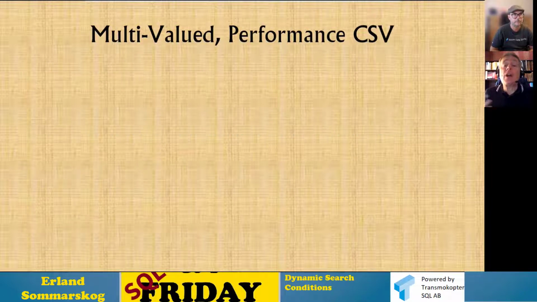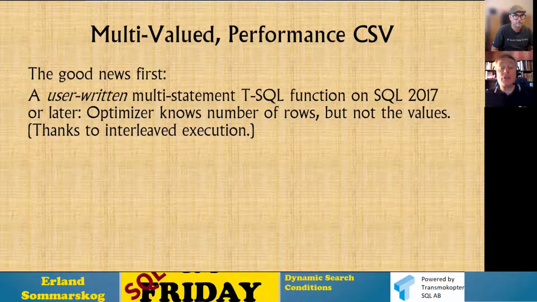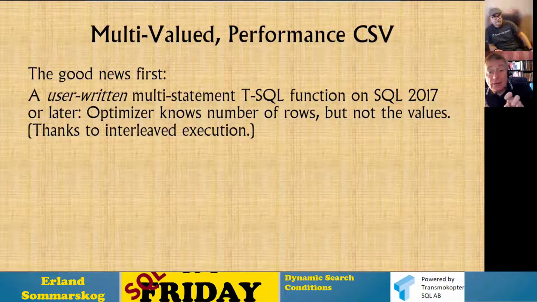Now, if we have a comma-separated list, this is where things get really complicated, but that's not my fault. That is Microsoft's. So the good news first: if you have a user-written multi-statement T-SQL function, and you are on SQL 2017 or later, the optimizer will first run that UDF and see, okay, it returns 3 rows, and use that to optimize the rest of the query.